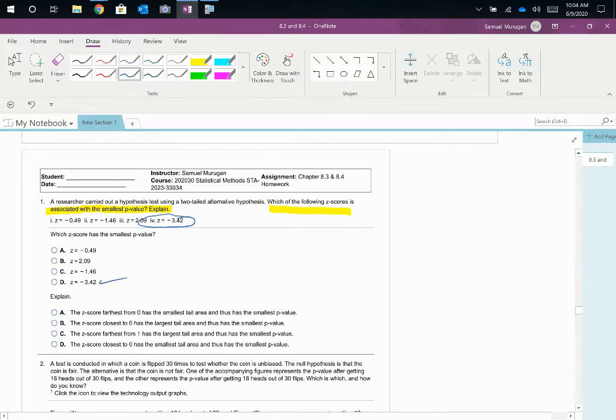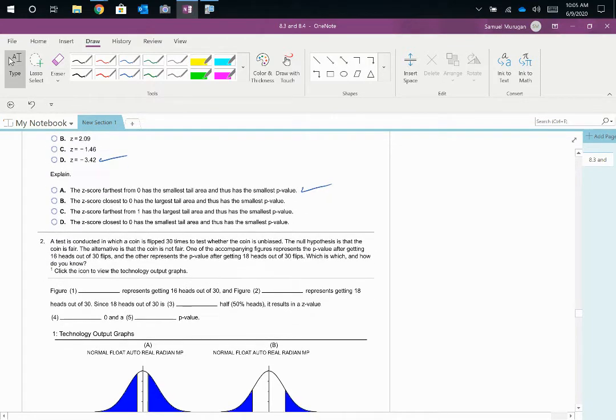Okay? If we're going to the left or to the right of the number line, negative 3.42 is the furthest from 0. So that z-score will have the smallest p-value. And we know that the z-score farthest from 0 has the smallest tail area and thus the smallest p-value. Make sense? All right.